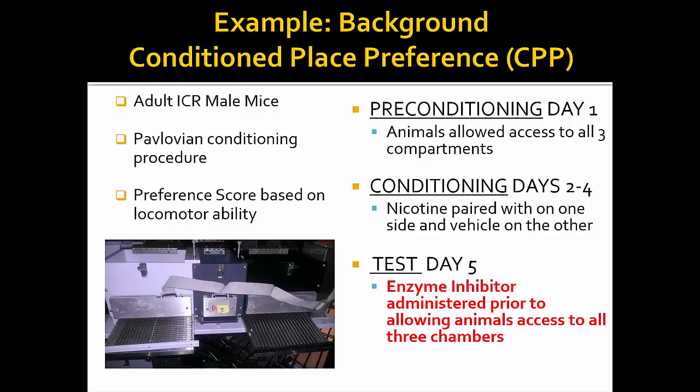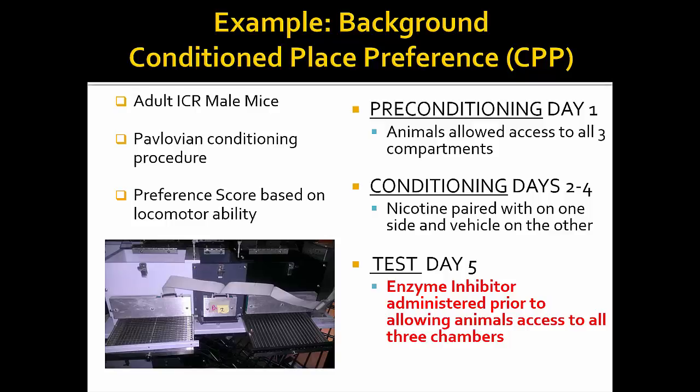I found that with nicotine, they always went to their paired side of the box. But when I gave them this enzyme inhibitor, they didn't prefer nicotine anymore. They were sort of at baseline in both boxes.